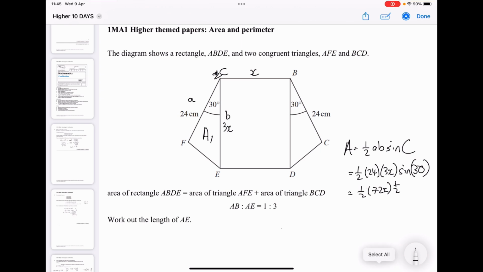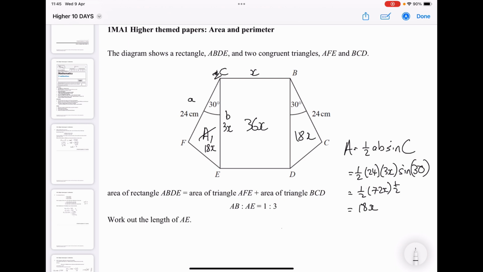Half of 36 is 18, that gives me 18x. So the area of this one is 18x, and this one's 18x, so together it's 36x.